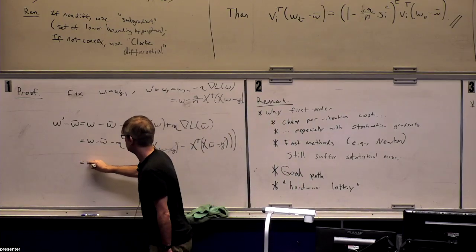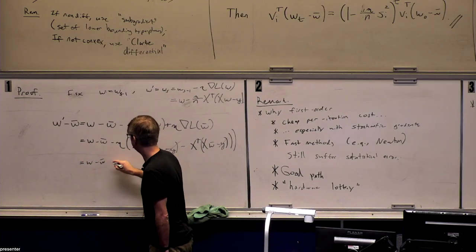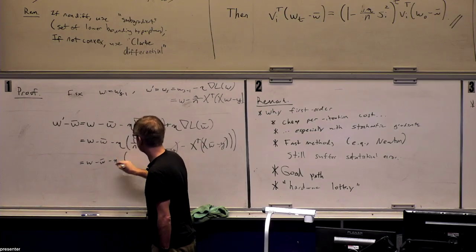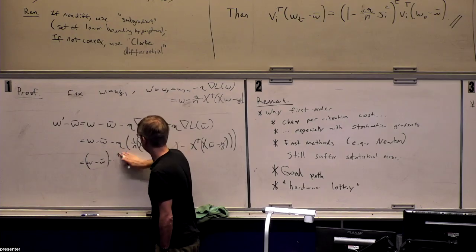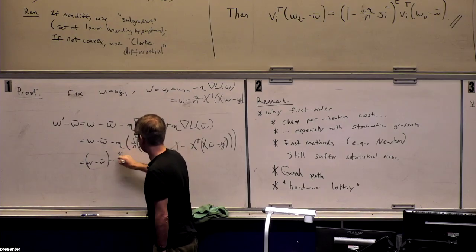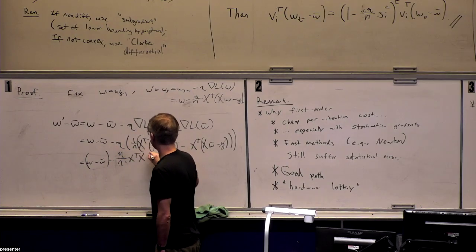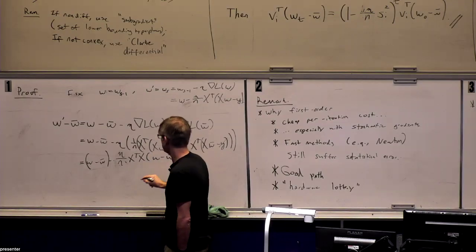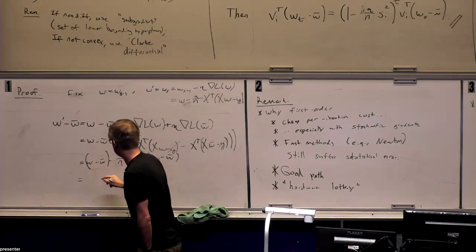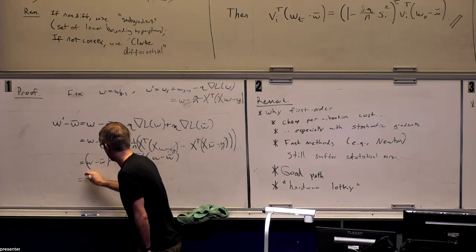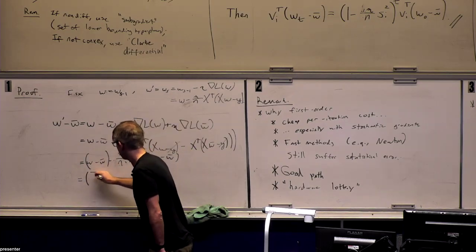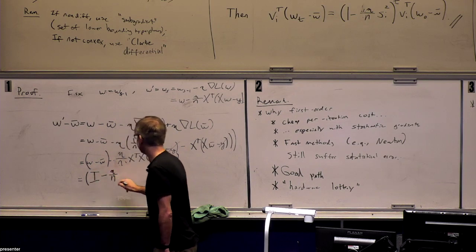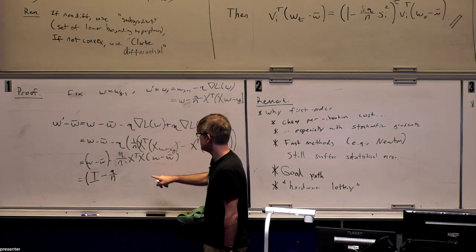So I have W minus W bar minus eta over n X transpose X (W minus W bar), which is the same as, now let me pull this entire term through, identity minus eta over n, and let me expand what this is.